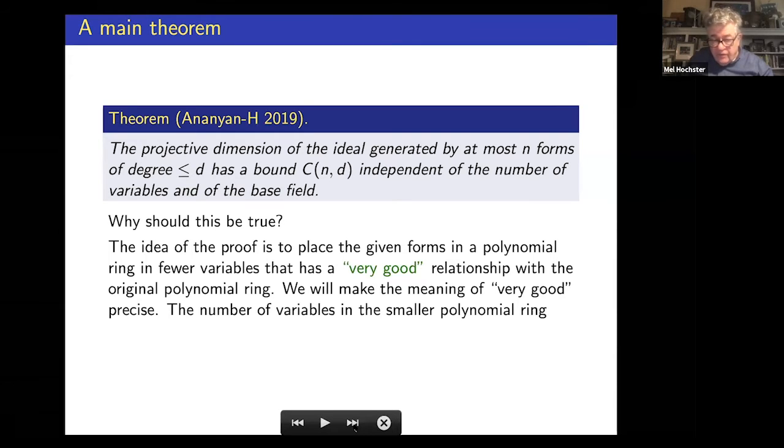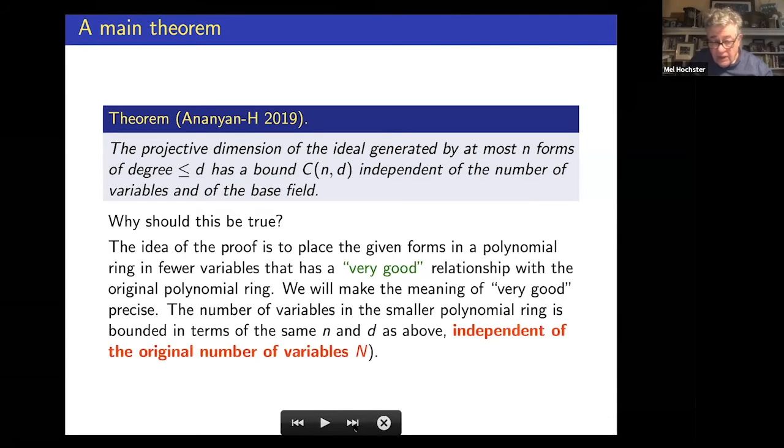So the number of the variables in the smaller polynomial ring is bounded in terms of the same n and d as above. It depends only on the number of forms and their degrees, and it's independent of the number of variables N. And there seems to be an extra parenthesis, but I guess that won't confuse anybody.